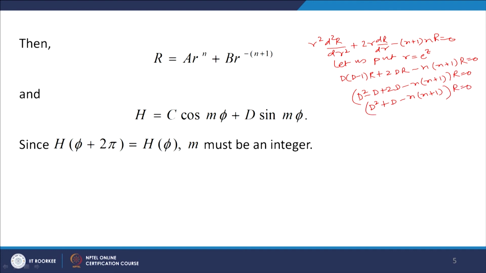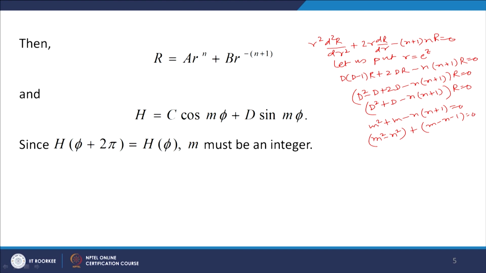Okay. So, in order to find the solution of this, now this is a linear differential equation with constant coefficients. So, we write the auxiliary equation m square plus m minus n into n plus 1 equal to 0, and what we can do, we can write it as m square minus n square plus m minus n equal to 0.